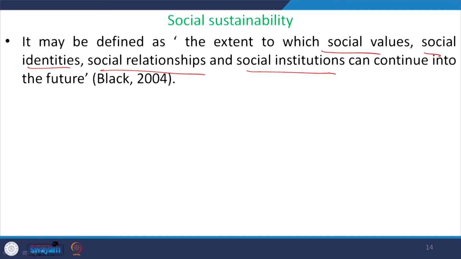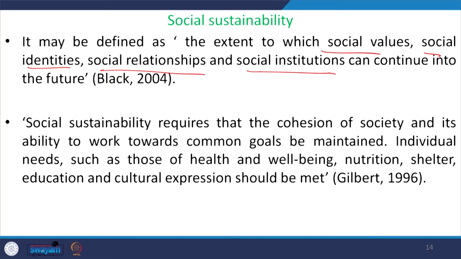If this is happening in the society in terms of preserving and continuing the societal values, understanding, identities, relationships and institutions, then it is known as societal sustainability or social sustainability.